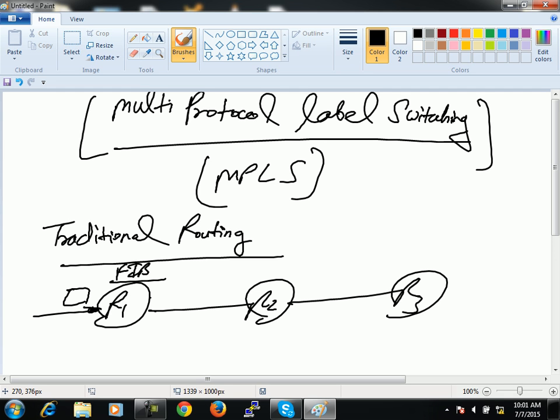Every router has to open 20 bytes of information, take a decision accordingly, and then transmit your packet after performing a lookup in its FIB or RIB, whatever it is. Definitely this process slows down your network performance. It happens on each and every router. Whenever a packet is delivered onto any router, first of all it will open its IP header, and then it has to perform a lookup in its FIB.